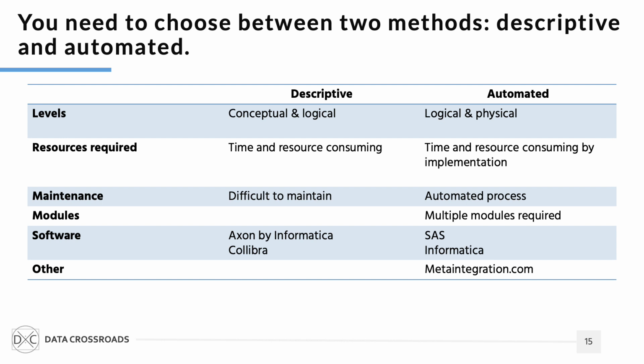You can start with the descriptive solution and then proceed with automated if needed. Another option, for some part of your company, you might choose one method, for another part, another method. Everything depends on the importance of data sets and priorities.